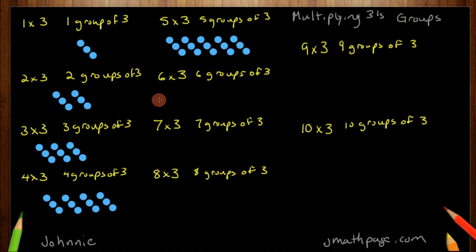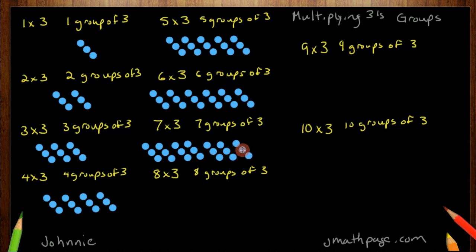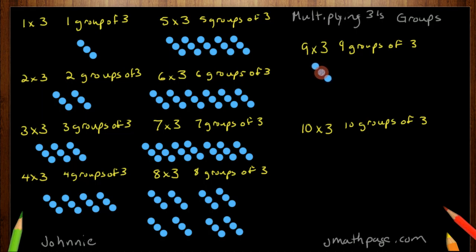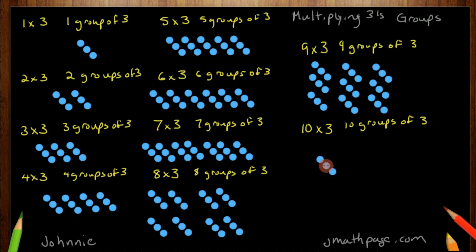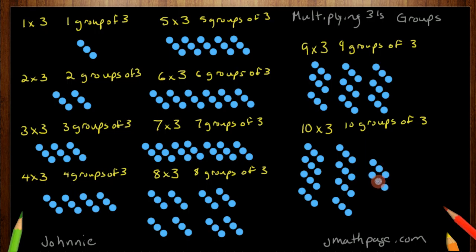And 6 groups of 3, and 7 groups of 3, and 8 groups of 3, and 9 groups of 3, and 10 groups of 3, counting each group in turn up to 10.